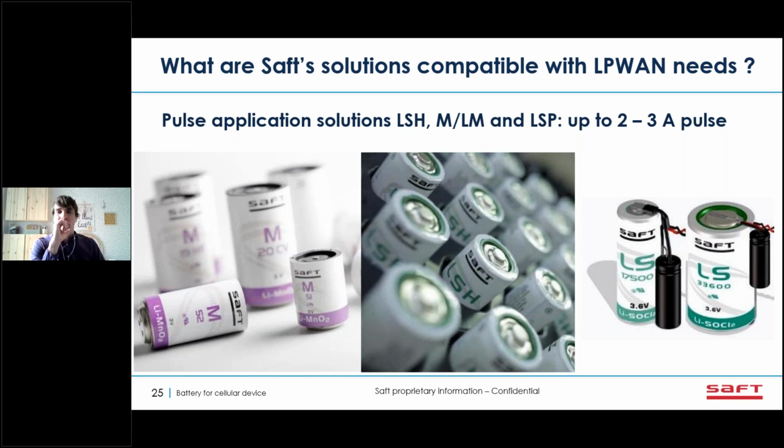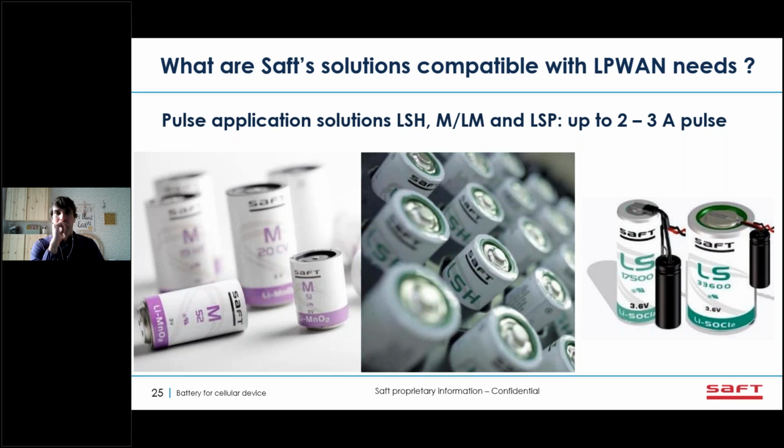And you can find also the LSP range, which is an association of the lithium thionyl chloride chemistry in bobbin construction with a hybrid capacitor. Such solutions are able to deliver quite high current pulses, up to 2, 3, even a little bit more.